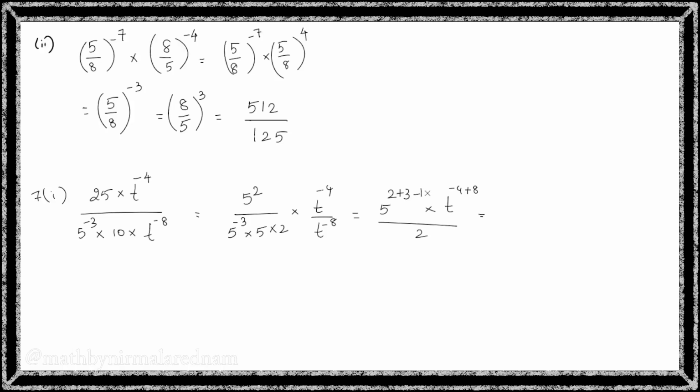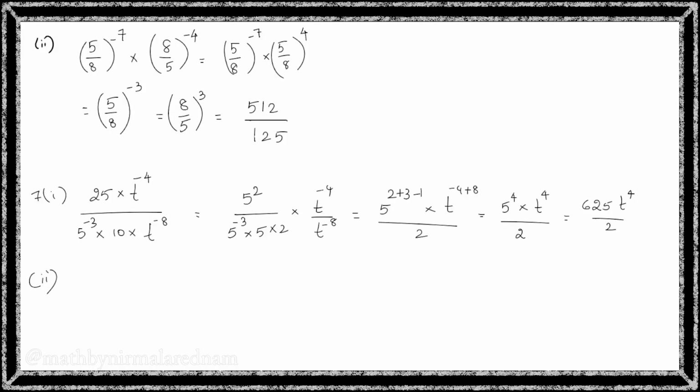So here I have 5 power 4 and I have t power 4 and I have a 2 here, right? So I want the final simplified answer. 5 power 4 is 625, t power 4 by 2. So that's my final answer.